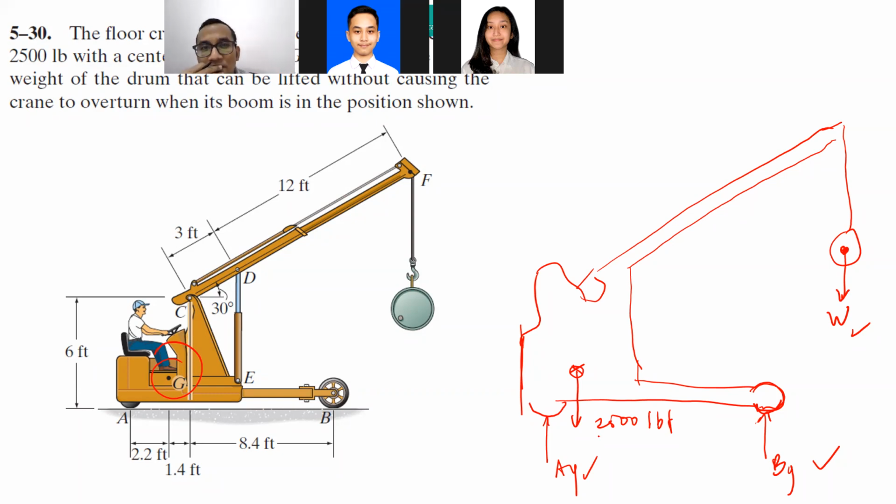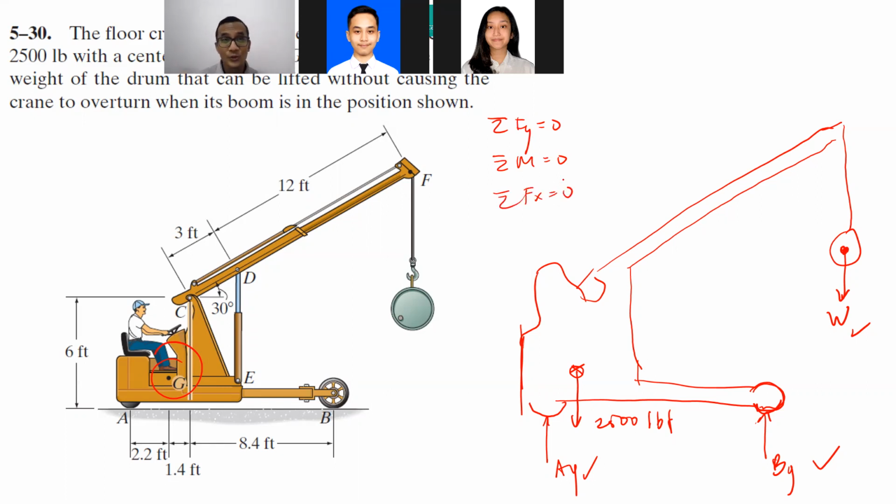First, we can have the resultant of the y, sigma Fy equal to 0. Then sigma moment equal to 0. Can we use sigma Fx equal to 0?